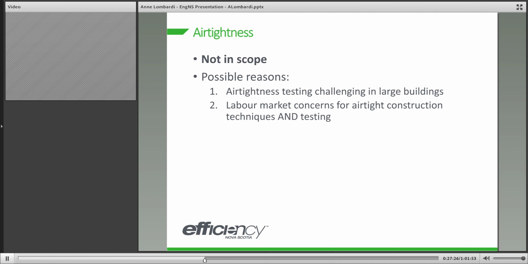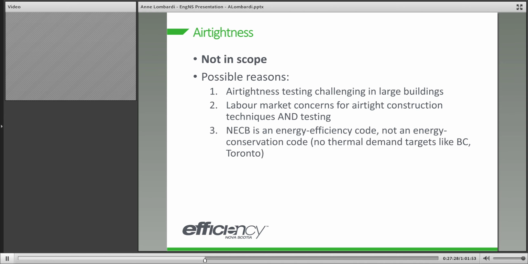The third one is that NECB is an energy efficiency code and not an energy conservation code. What I mean by that is that the NECB looks at the total energy performance of a building, regardless of what its energy demand is. So BC and Toronto, in their codes, have thermal demand targets. The building's, say, heating load has to be below a certain number to meet those targets.